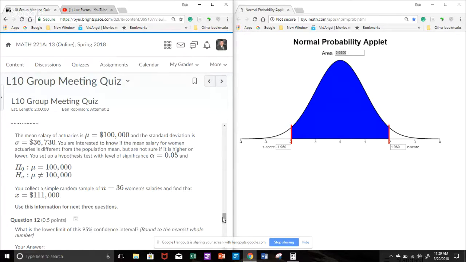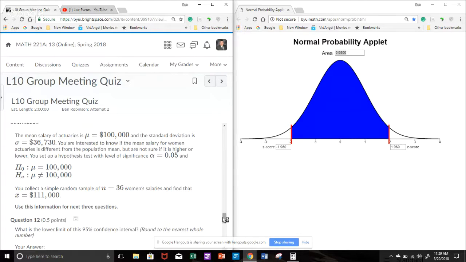Isn't this subtracting this part? Mm-hmm, yes. When I subtracted, I got 88,001.53. Did you get the same number?